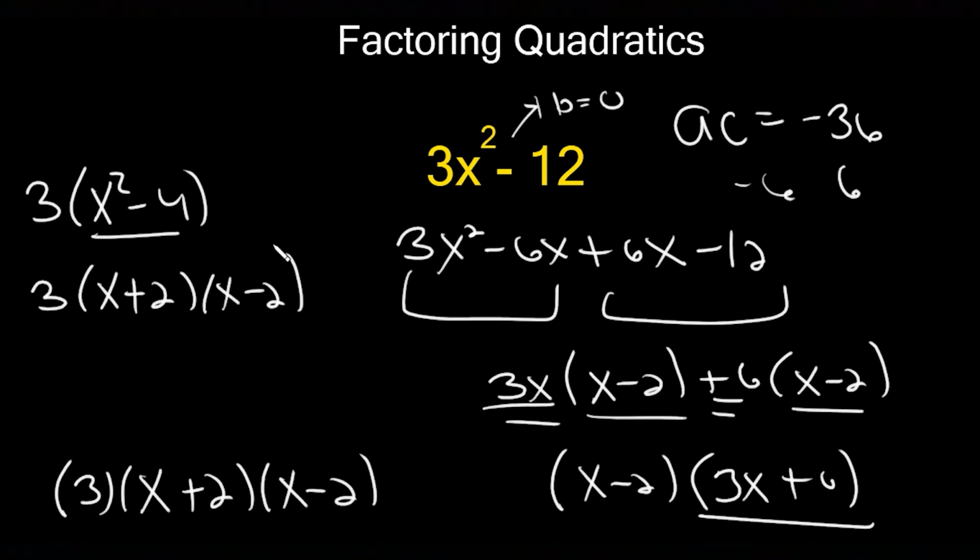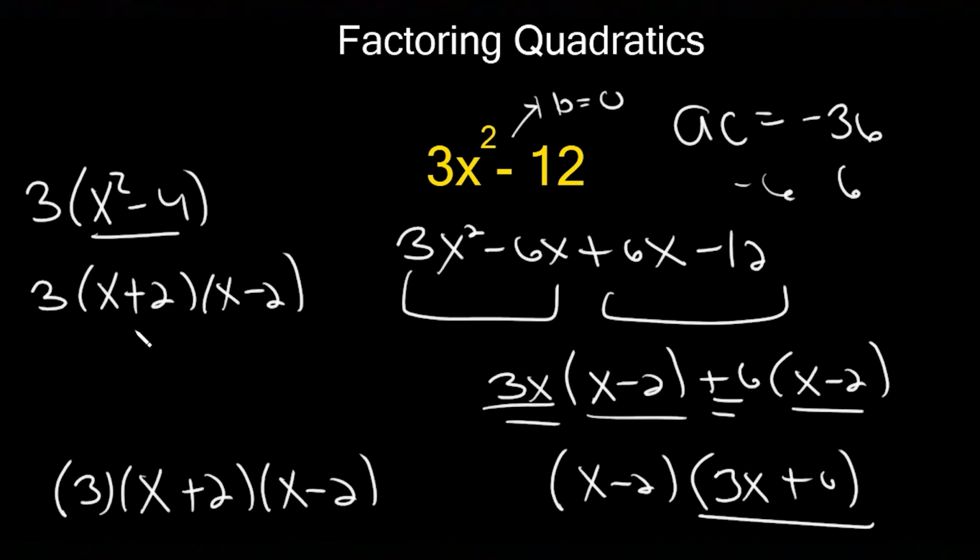There it is, completely factored. If you did not recognize the difference of two squares, that's fine. Use the AC method on x squared minus 4, and you're going to get these same factors. It won't matter how you do it, but recognizing a difference of two squares is definitely going to be a lot quicker. You can see that they compare exactly the same, so always pull out a greatest common factor.